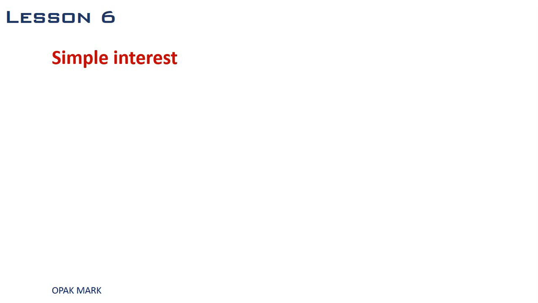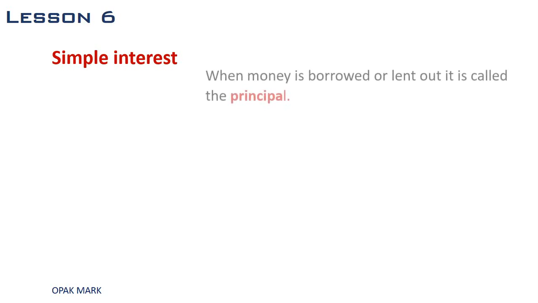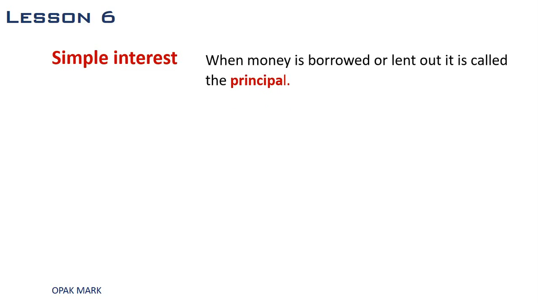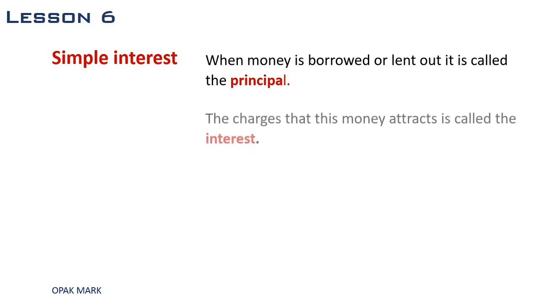That amount of money is what we call the principal. And the charge that amount of money fetches, that charge that you get from that amount of money, or that you'll pay from that amount of money that you have borrowed, is what we call the interest.